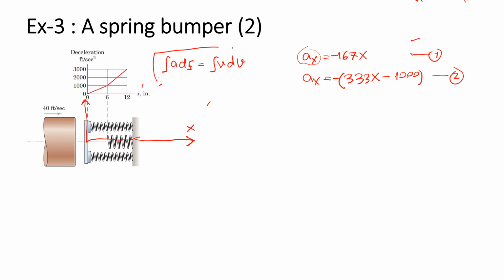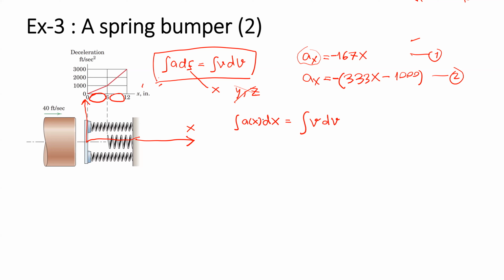Okay, from this relationship, the displacement s we consider in the x direction, not in the y, not in the z direction. We consider the x direction only. So the integral of a as a function of x dx is equal to the integration of v dv. And for this region, we are going to do this region first.